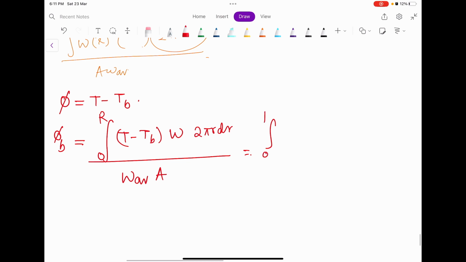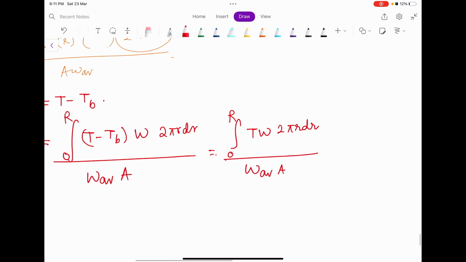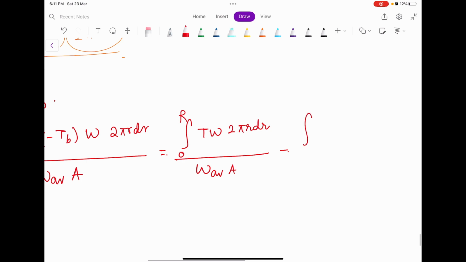So this is the integral 0 to r of T times W 2 pi r dr by W average into area, minus the integral 0 to r of Tb W 2 pi r dr by W average into area.